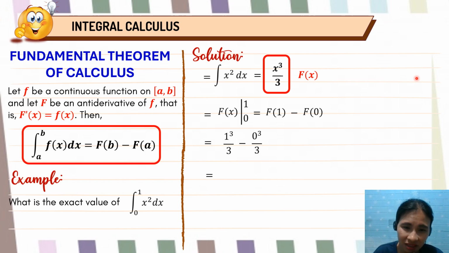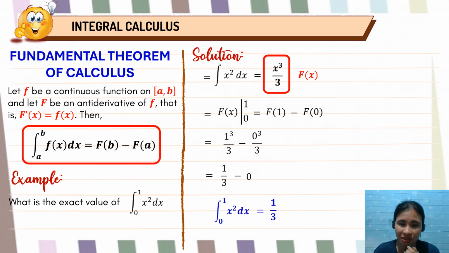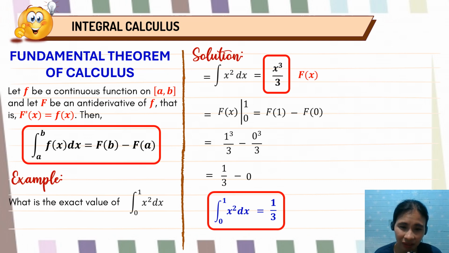Simplifying, 1 cubed is 1, so that is 1/3, minus 0 cubed is 0, divided by 3, which is 0. Which means the integral of x squared dx from 0 to 1 is equal to 1/3.